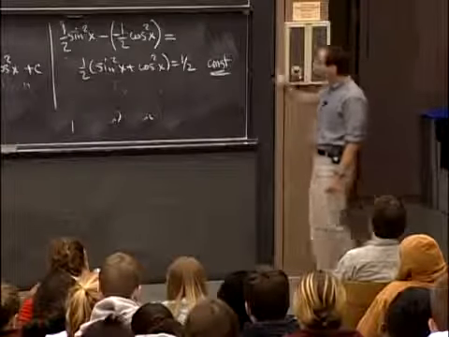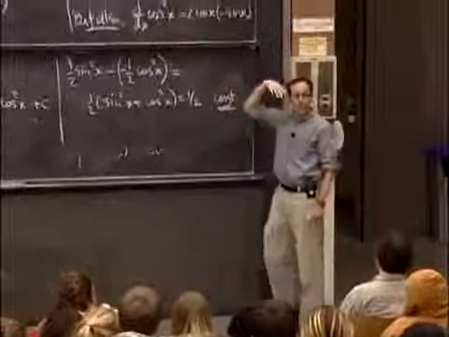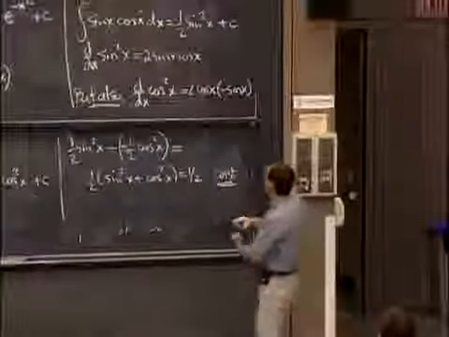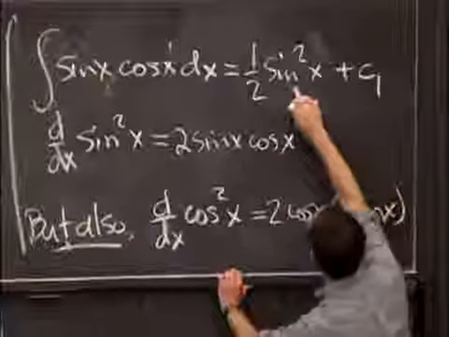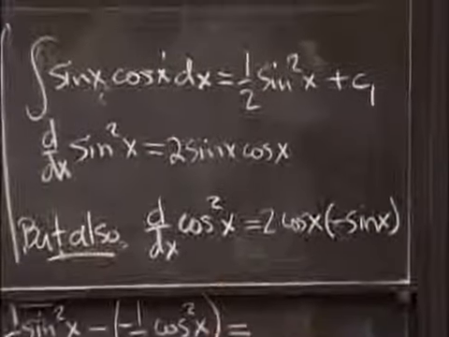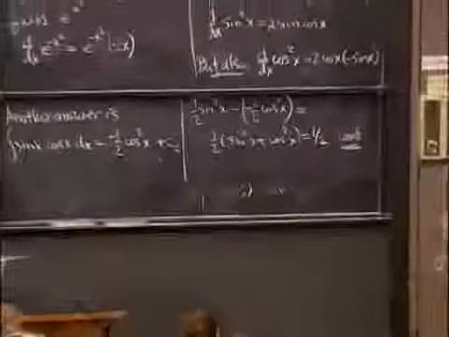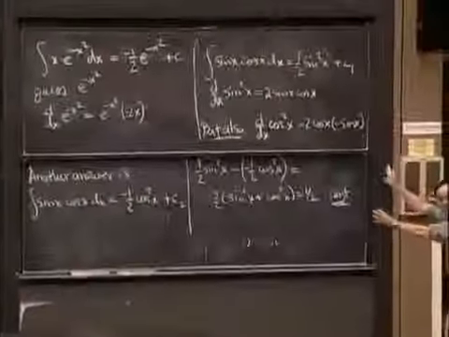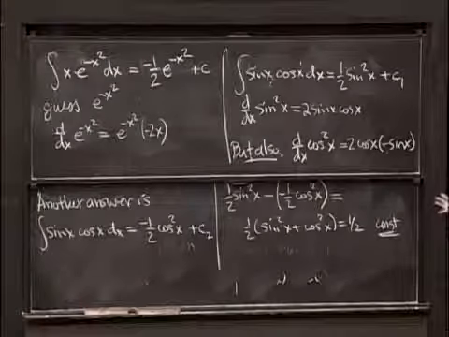So what's really going on here is that these two formulas are the same, but you have to understand how to interpret them. Here's a constant up here. There's a constant C1 associated to this one. There's a different constant C2 associated to this one. And this family of functions for all possible C1s and all possible C2s is the same family of functions.